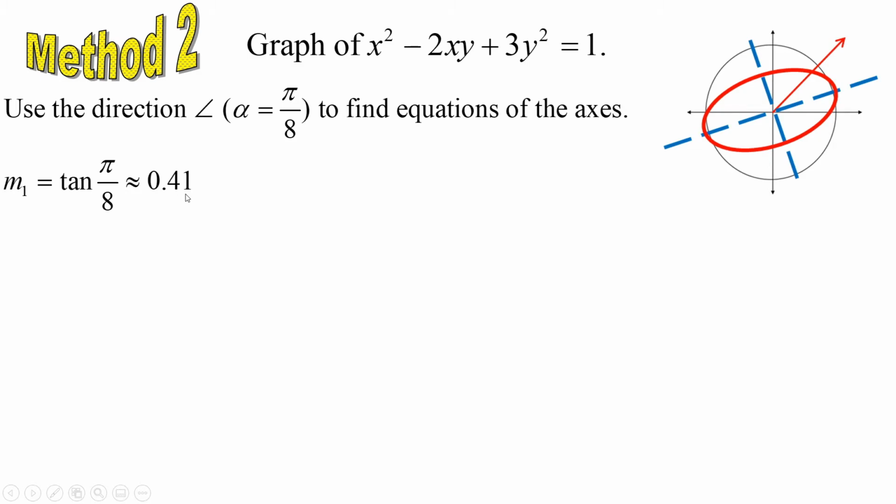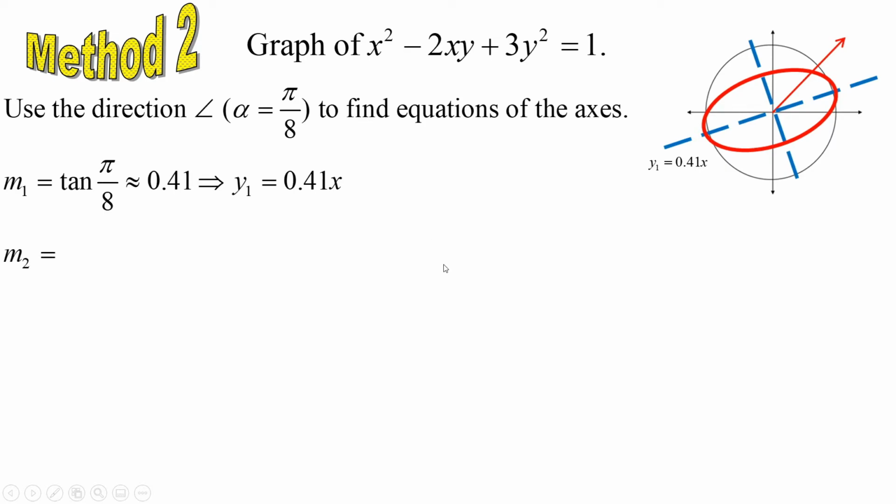Okay? Now, 0.41. Well, if 0.41 is the slope of this major axis right here, and it goes through the origin, isn't the equation for that major axis going to be y equals 0.41 times x? Very cool. Now, there we go.